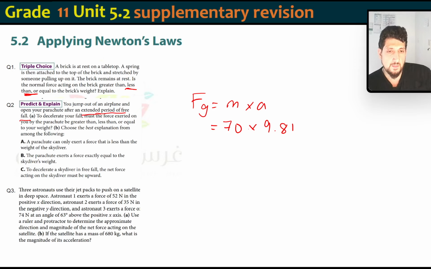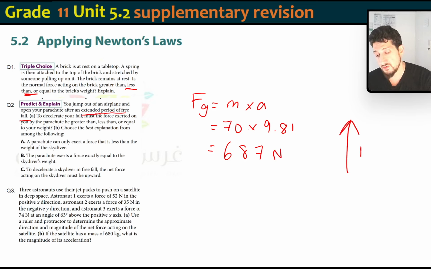So now you have an overall force of 70 times 9.81, which is approximately 687 newtons, right? Now, if I'm to counter this, let's say, for example, I open the parachute and the parachute creates a force upwards of about 1,000 newtons. This is what we call drag.